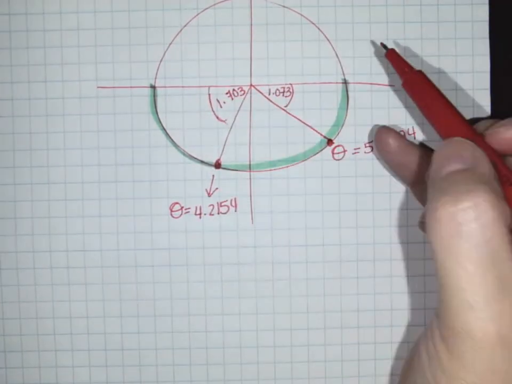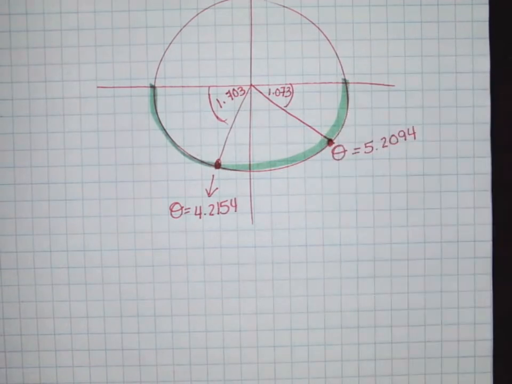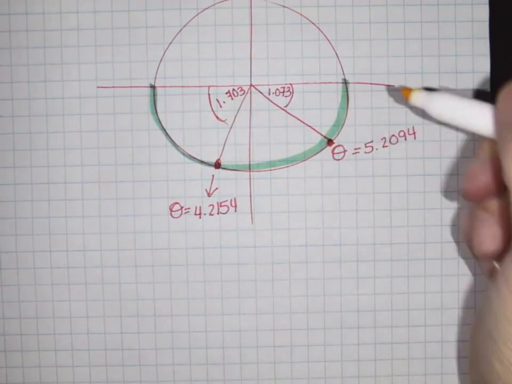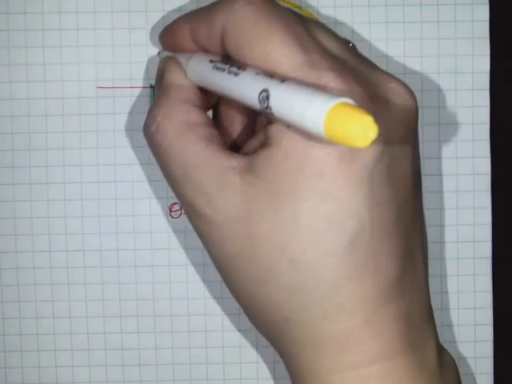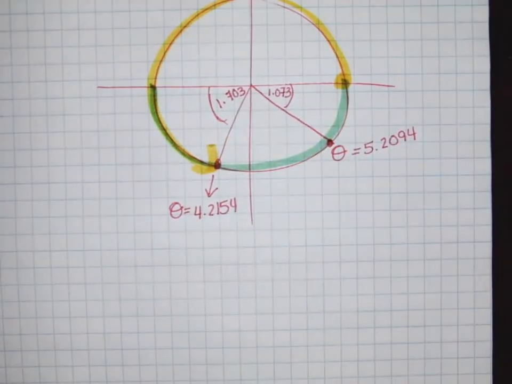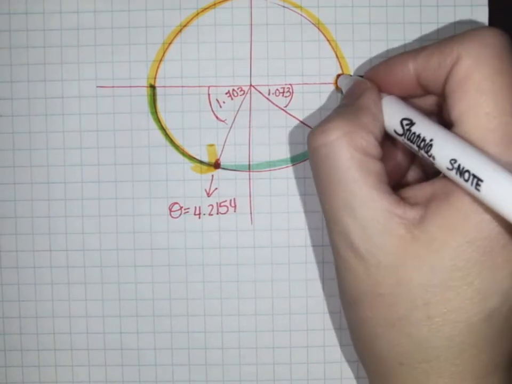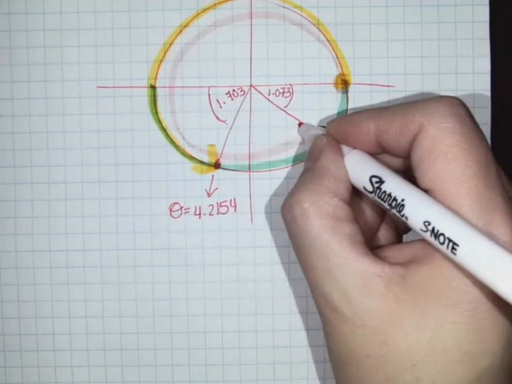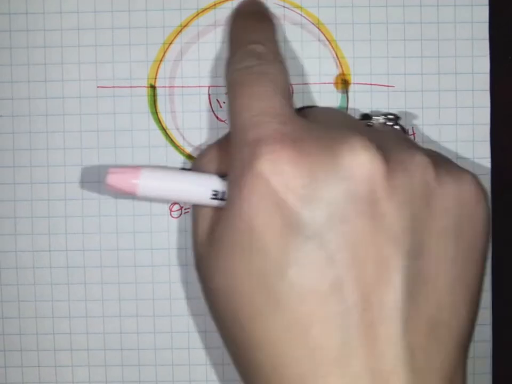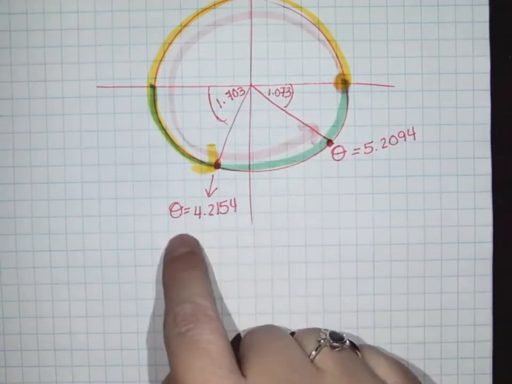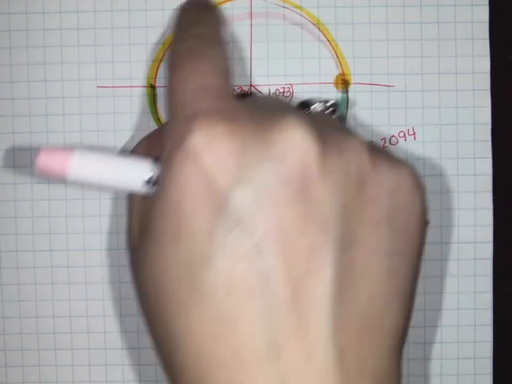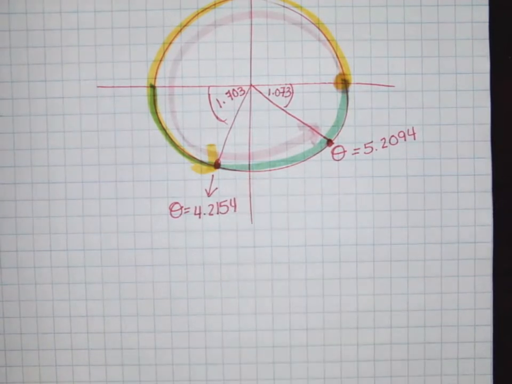So that angle, and what we're measuring now is from here to here, right? And then we're measuring from here to there. So that 5.3 is the pink line measurement. That 4.14 is the yellow line measurement. Okay, does that make sense to everybody?